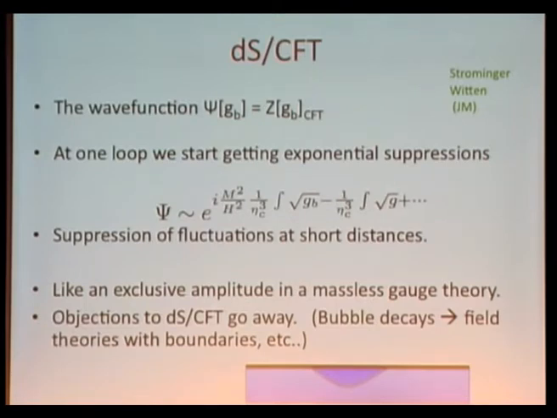We saw that this wave function has this leading behavior at the classical level. So if we evaluate the classical action, we'll get this term. If we were to evaluate the one-loop correction to this action, then we get a term that has this behavior.